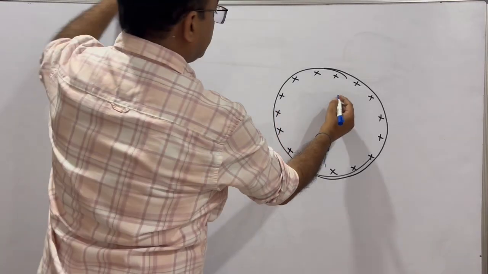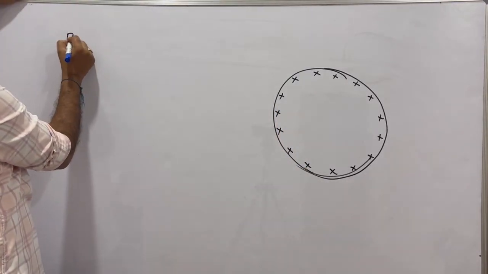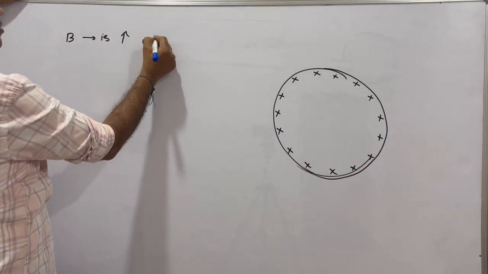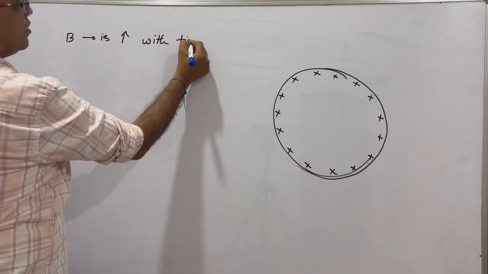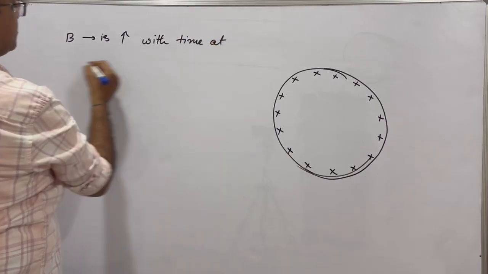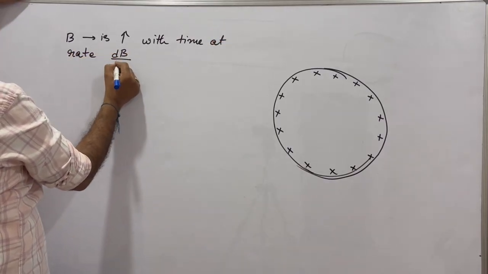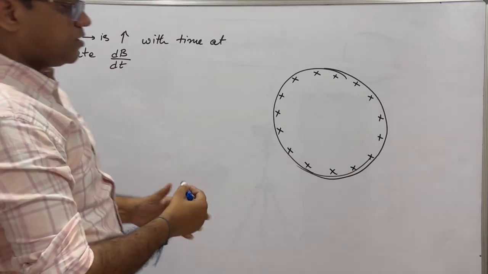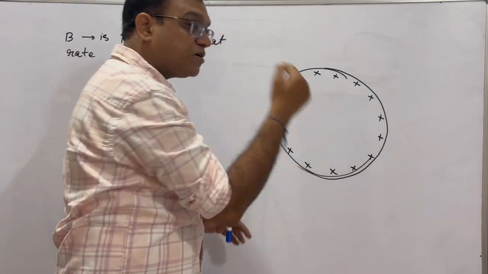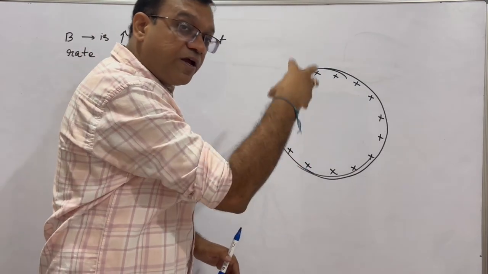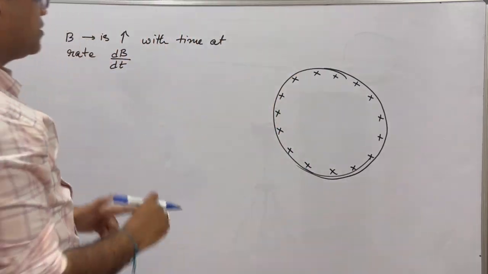Now this magnetic field is increasing with time at rate dB by dt. Means the magnetic field is into the board and it is increasing with time.